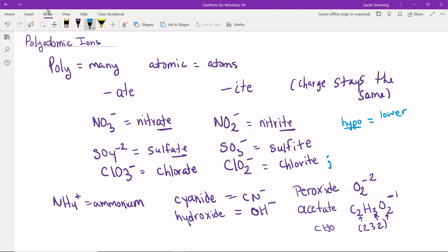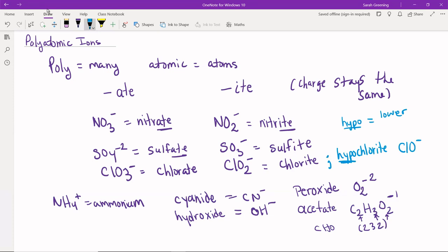There's a polyatomic ion that's called hypochlorite. So when I see the word hypo, it means that it has one less oxygen. It's hypochlorite, so one less oxygen than regular chlorite. The charge is going to stay the same. So we had two oxygens for chlorite. This will now be ClO minus.